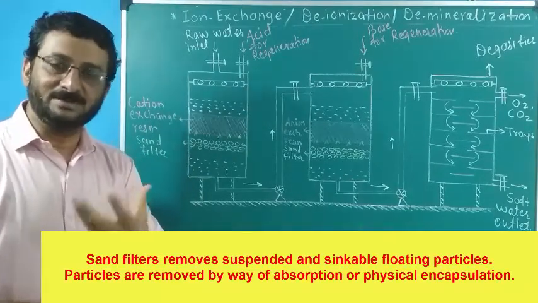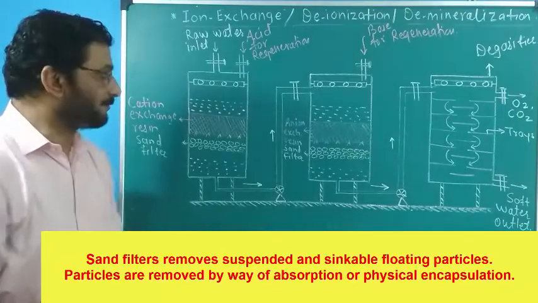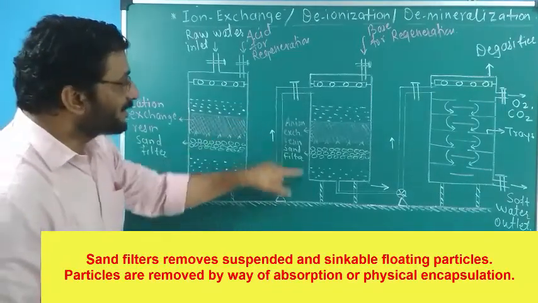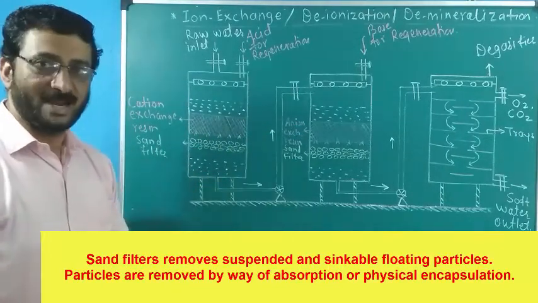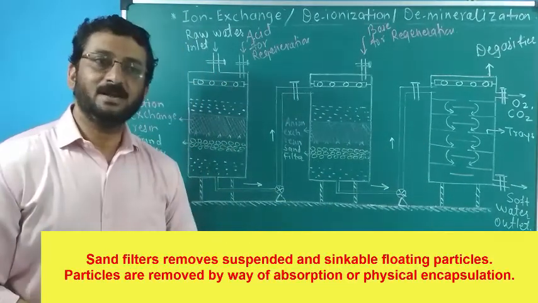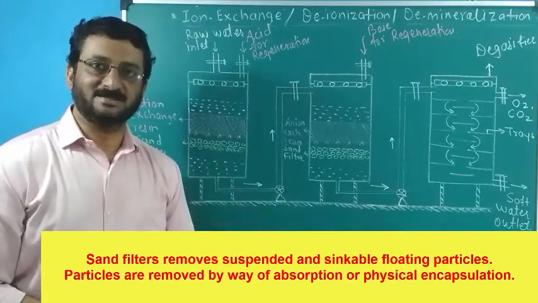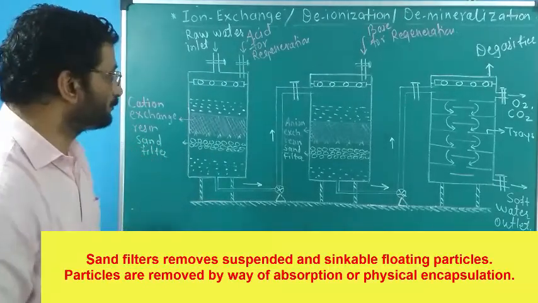That sand filter will trap the fine precipitate. The second container is fitted with anion exchange resin along with a sand filter, and the third container is a degasifier that expels the gases present in water, mainly oxygen and carbon dioxide.